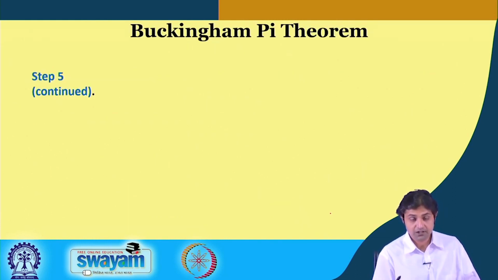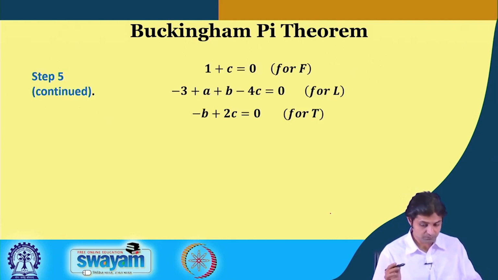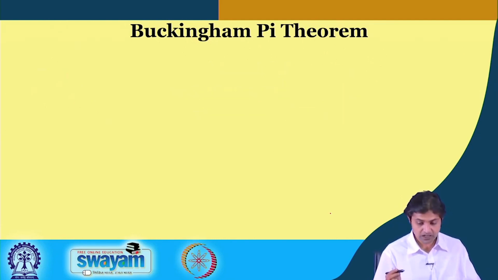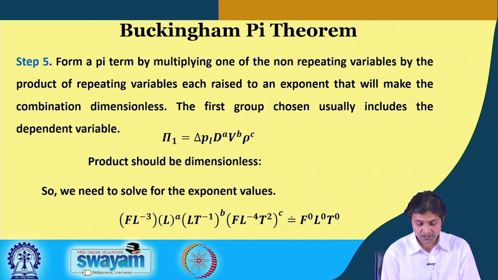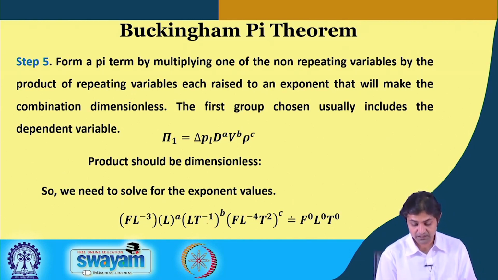Step 5 is still continuing because we are forming the pi term. F appears as F to the power 1 and F to the power c, so 1 plus c is equal to 0. For L, it is minus 3 plus a plus b minus 4c is equal to 0, and similarly for T, minus b plus 2c is equal to 0.